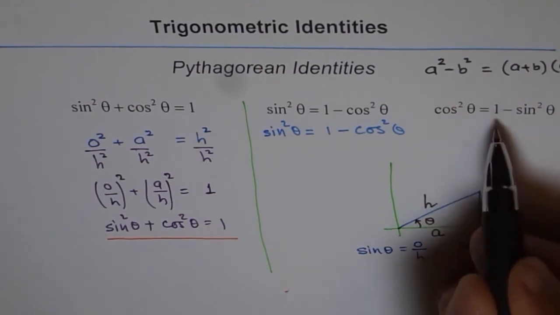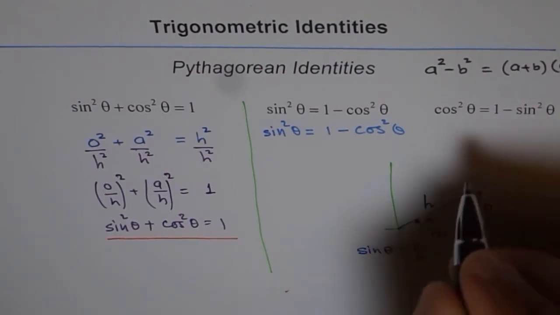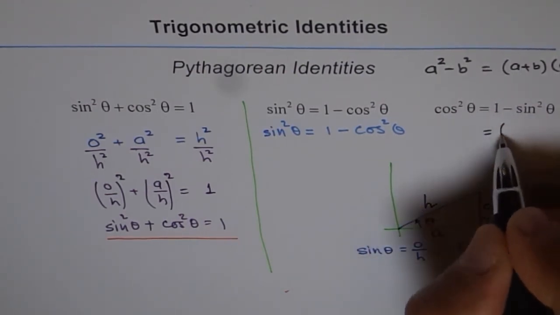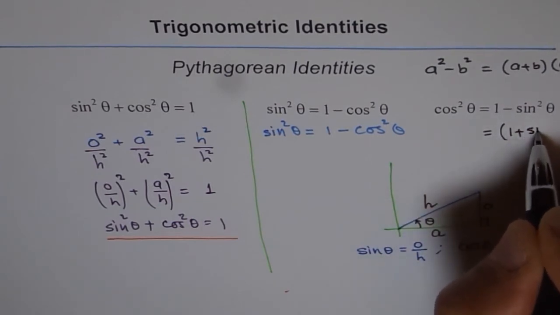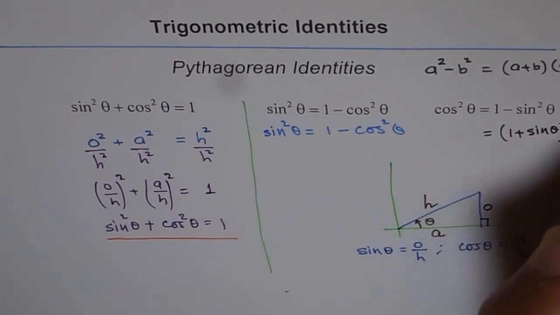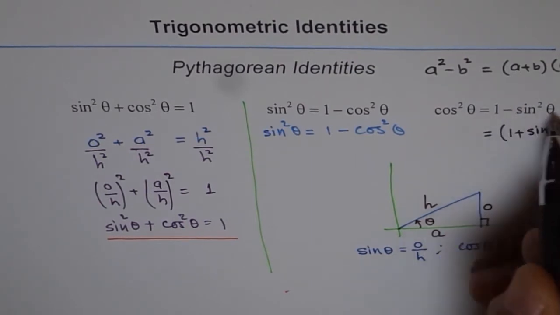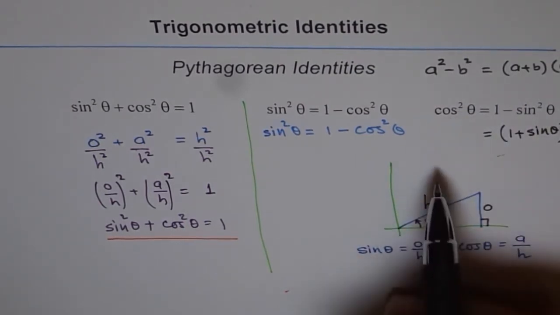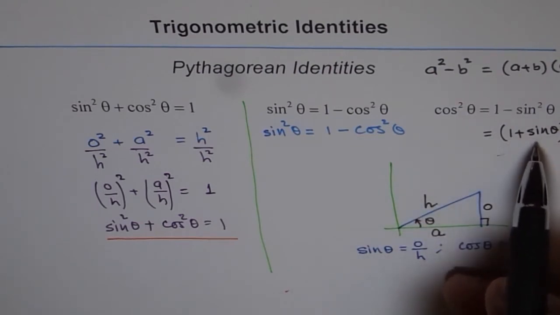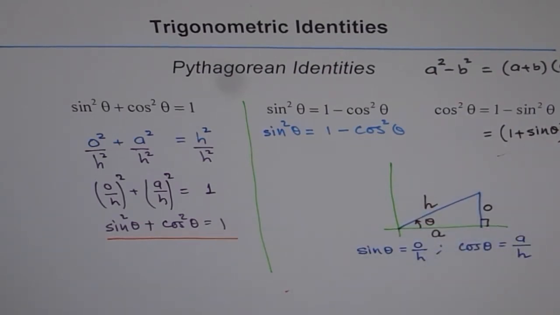So we have 1 minus sine square theta, which I can write as 1 plus sine theta times 1 minus sine theta. Do you see the beauty? So cos square theta is also equal to 1 plus sine theta times 1 minus sine theta.